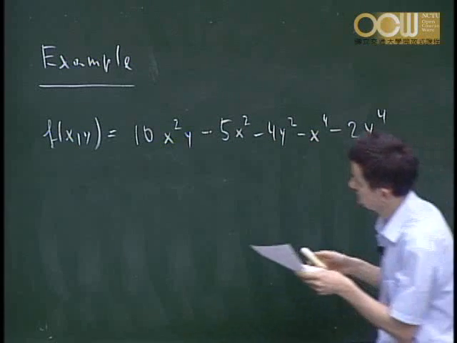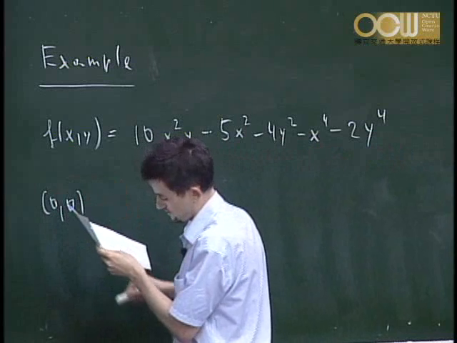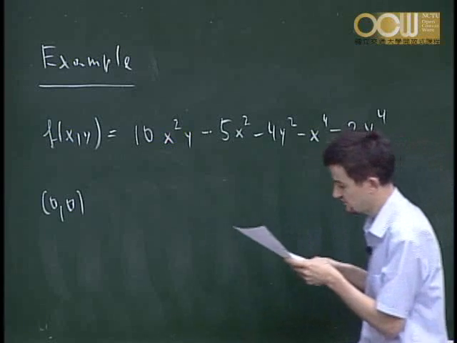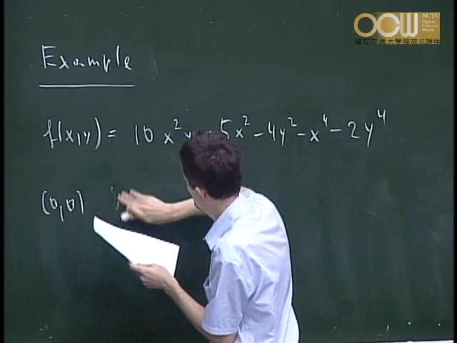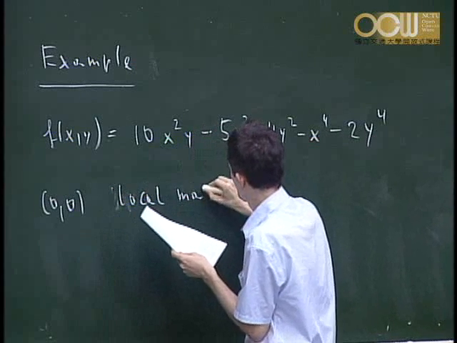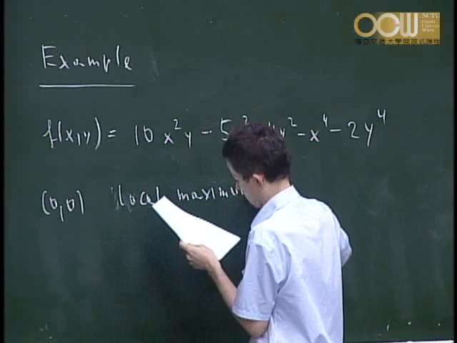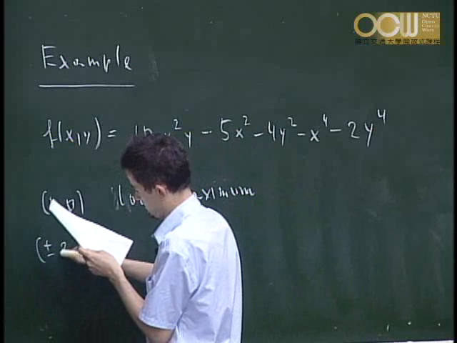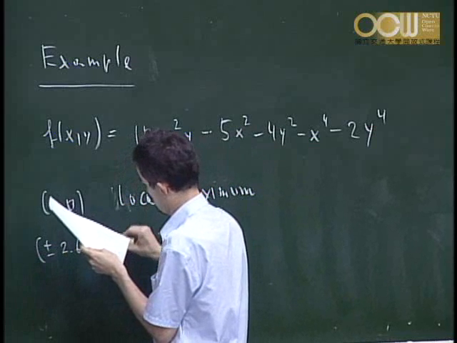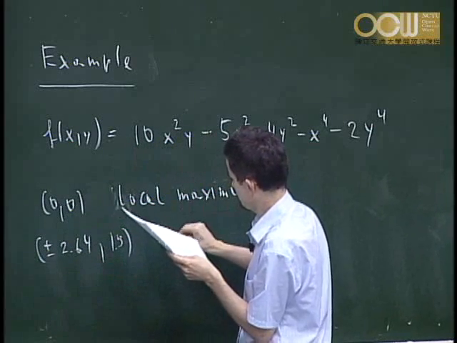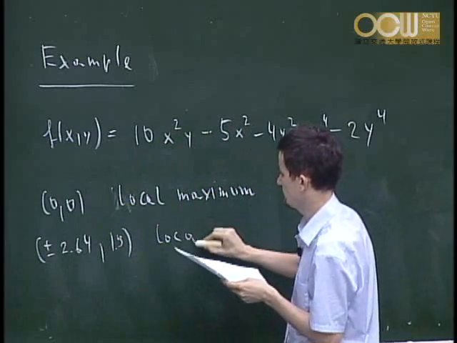Now, if you just do the same as what I have done for the previous example, then you figure out that 0, 0 is a local maximum. Then you have more local maxima. So those 2 points here are also local maxima.